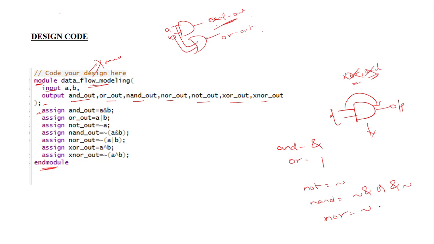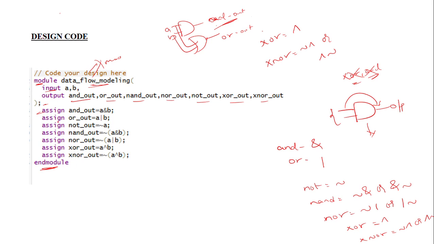NOR is the inverse of A OR B. XOR is the caret symbol, and XNOR is the inversion of XOR, that is, the caret with inversion. We can represent the logic gates like this.